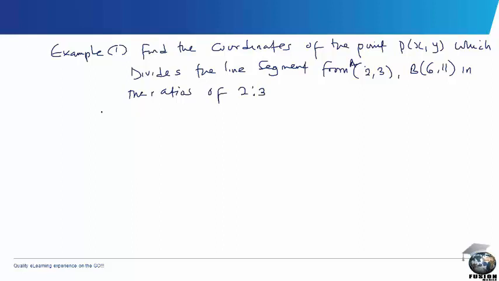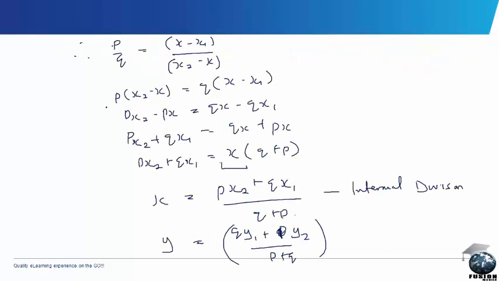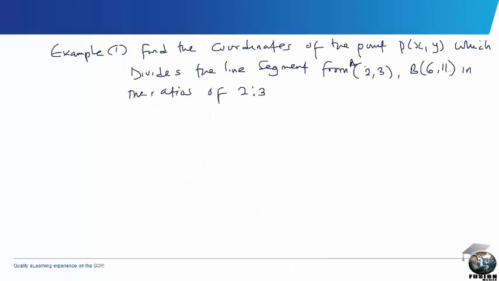Alright, all we have to do is to extract our formulas, and then we have x for the point x solution. Alright, for the point x we derived that x equals q of x1 plus p of x2, okay, all over p plus q.